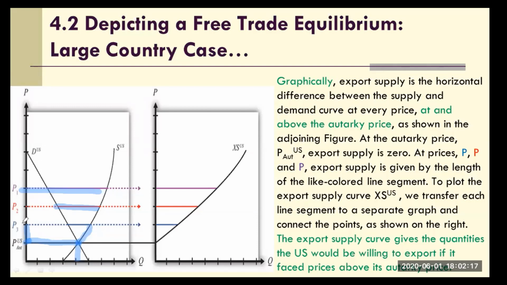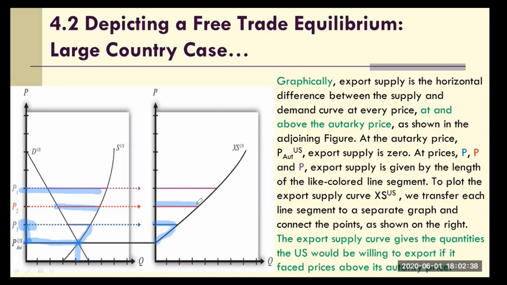At price P3, the US is encouraged to export only this blue amount. At P2, as the price increases, the US is encouraged to supply more commodities.